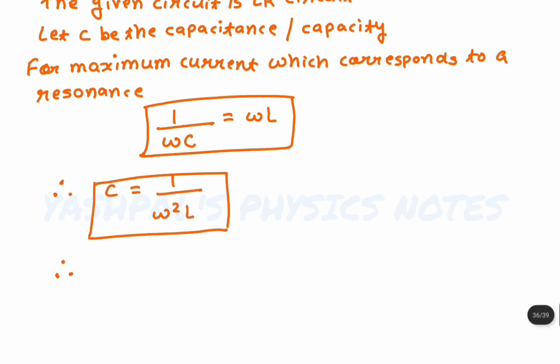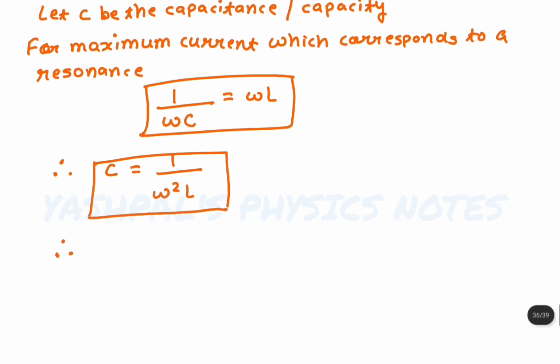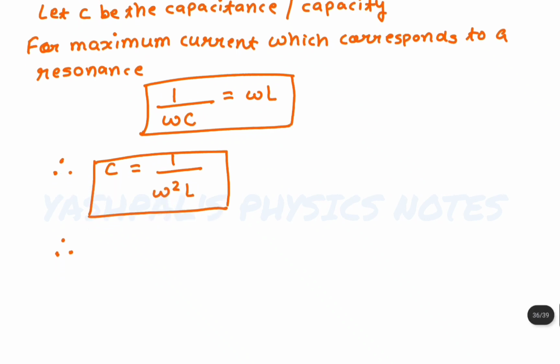I have done some rearrangement, and after that I got C equal to 1 upon omega square L. I hope you have got it till here. Now substitute the value of omega first, that is 2 pi f square L.